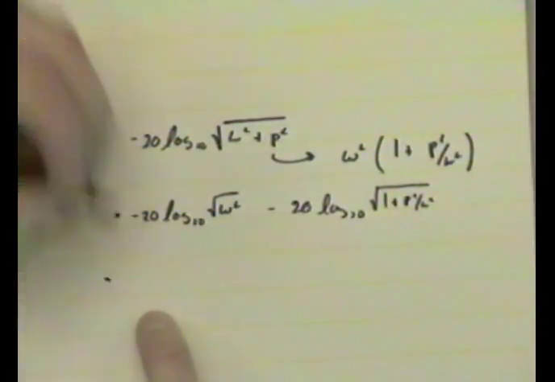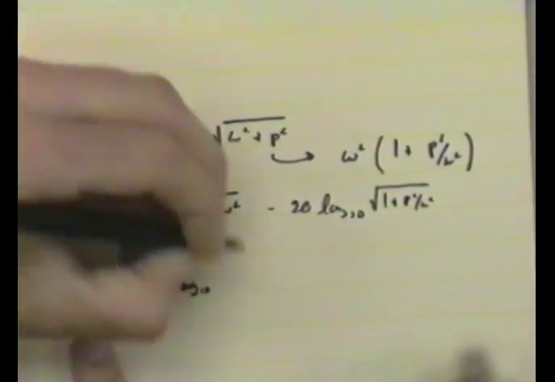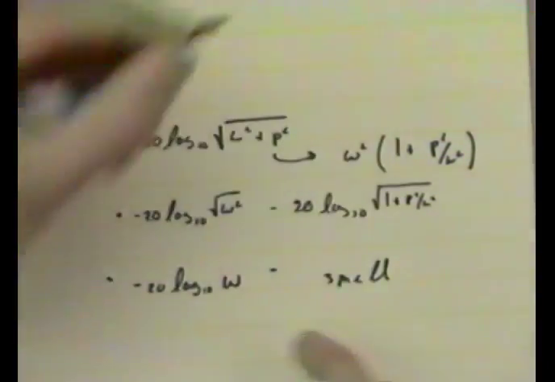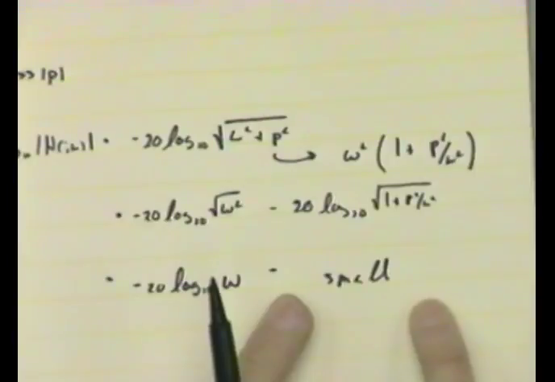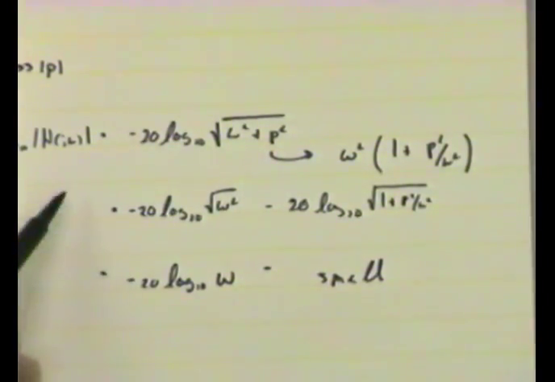This term here is simply minus 20 log base 10 of omega, minus a small term here. Small correction. And so the answer is now, again, quite neat.